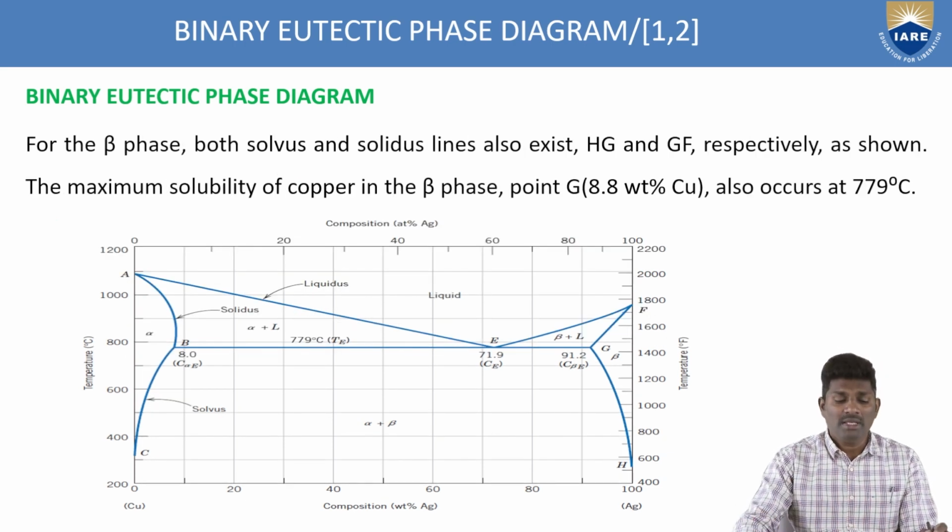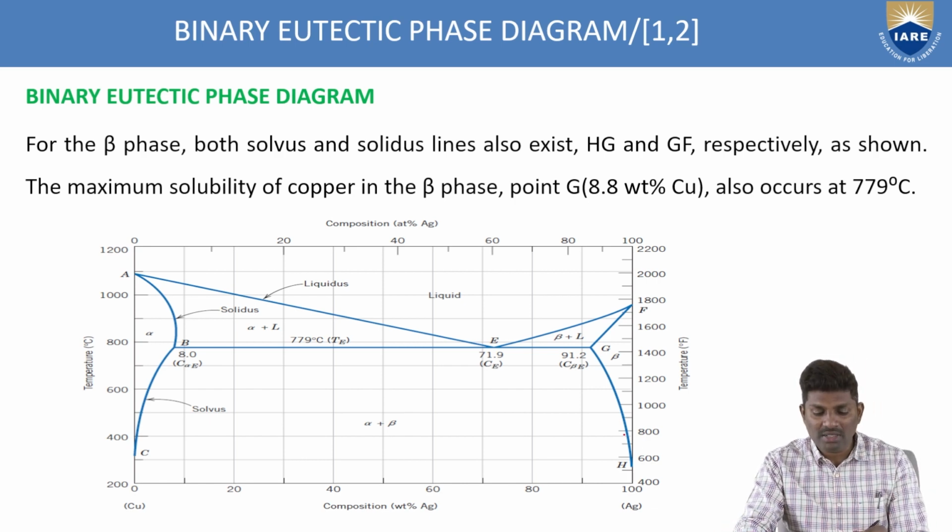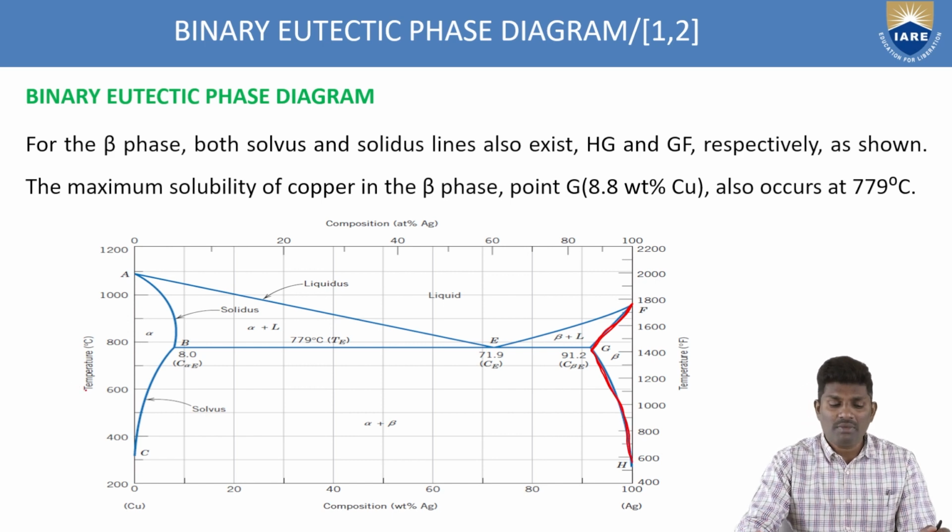Next, we have studied this for the alpha. In a similar way, if you go to the entire right portion of the phase diagram, you can see the beta region. The beta region also has the curve H, G, F. Okay, this is the curve we have. From this curve also, we can tell how much is solid and the solubility.